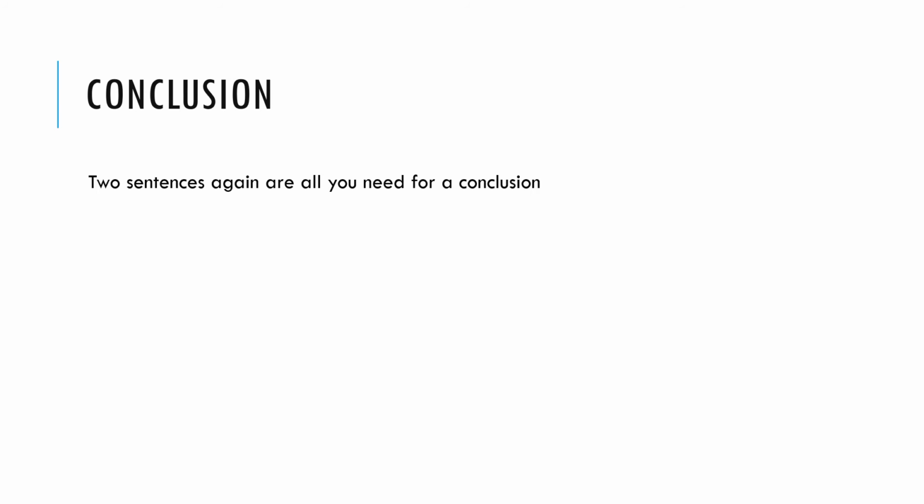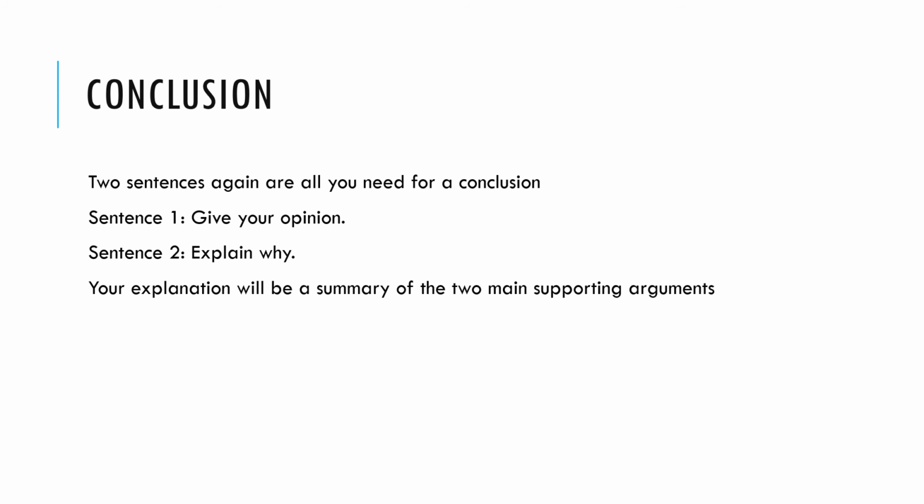The conclusion, 2 sentences again are all that you need. The first sentence just gives your opinion, and the second sentence explains why that is your opinion. And your explanation will be a summary of the 2 main supporting arguments from the side you agree with.